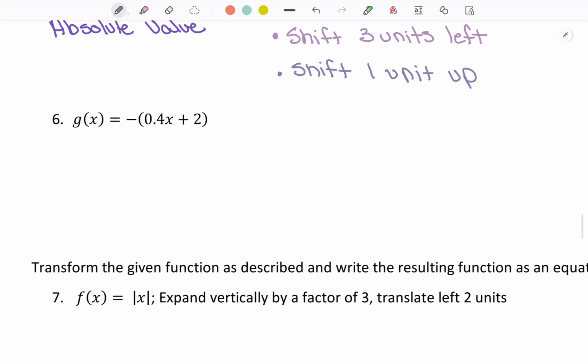And then number 6. Our parent is actually a linear function.